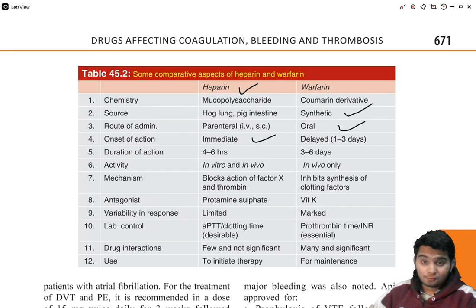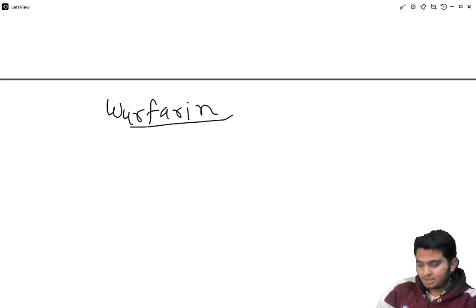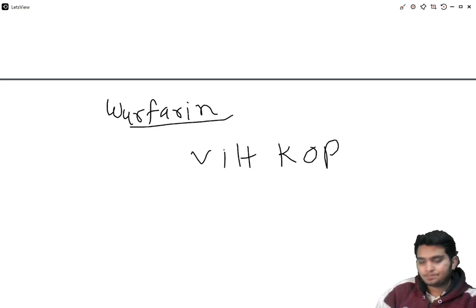While warfarin's action is delayed, warfarin will inhibit vitamin K epoxide reductase. It will inhibit this enzyme.